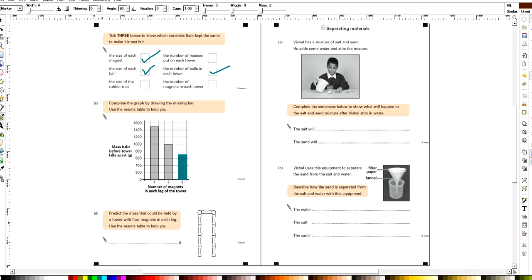Okay. It says here next, predict the mass that could be held by a tower with 4 magnets in each leg. Use the results table to help you. Now, what happens as we increase the number of magnets in each leg? What happens to the amount of mass that it holds? Does it increase or decrease? It decreases. So if you add more magnets, it's going to decrease from 700 down to what?